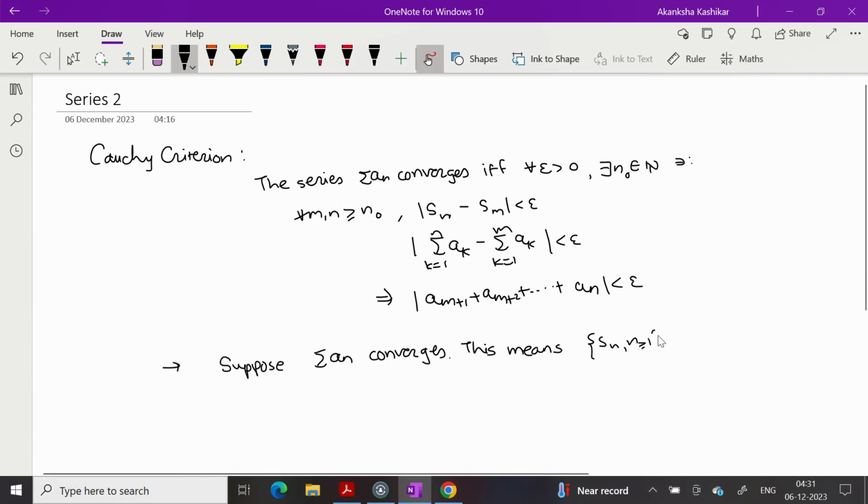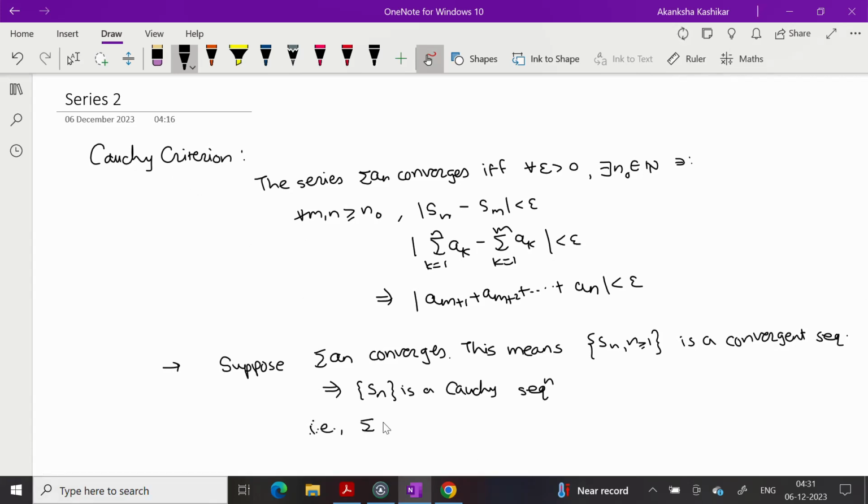So this means Sn is a convergent sequence, and because Sn is a real sequence, this implies Sn is a Cauchy sequence, which is nothing but our definition of Cauchy criterion, that is summation an satisfies Cauchy criterion.